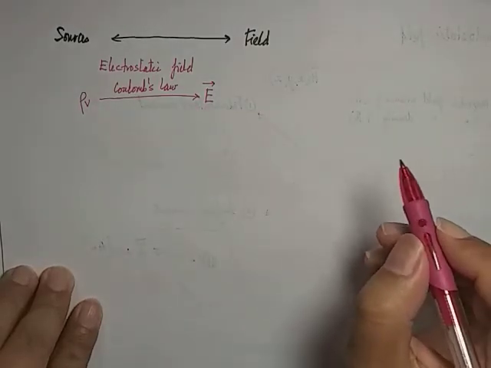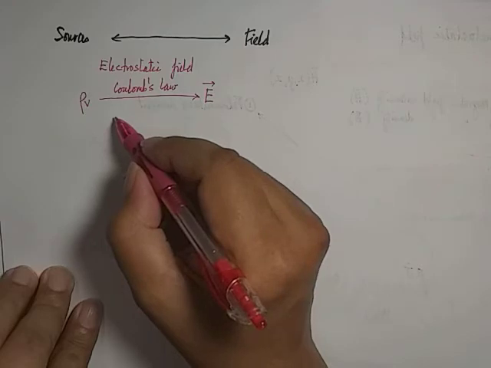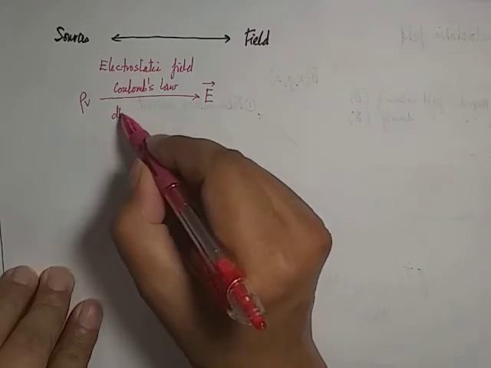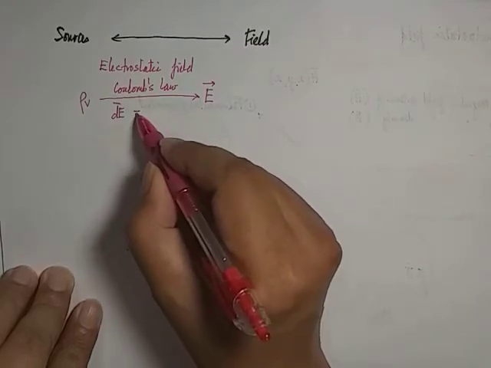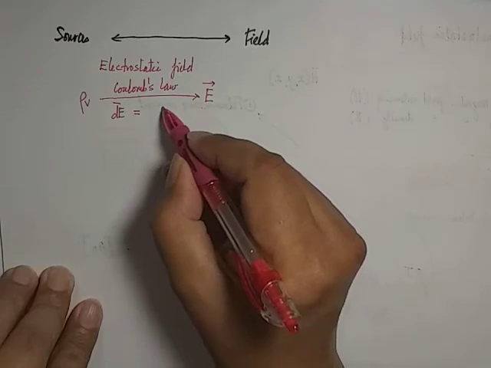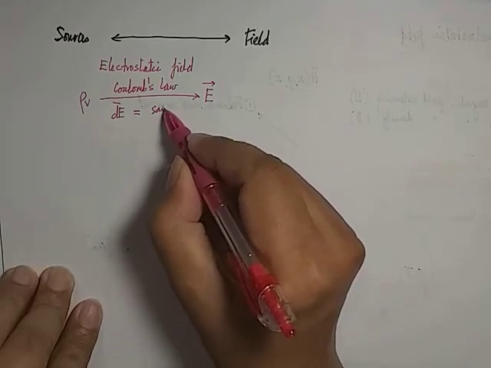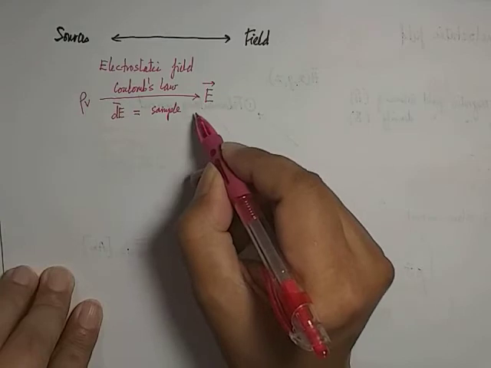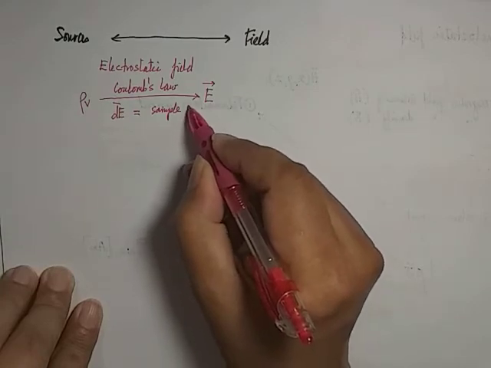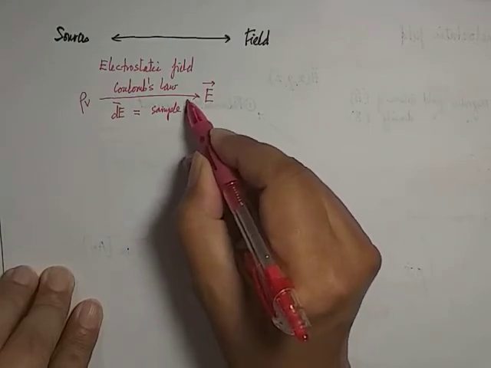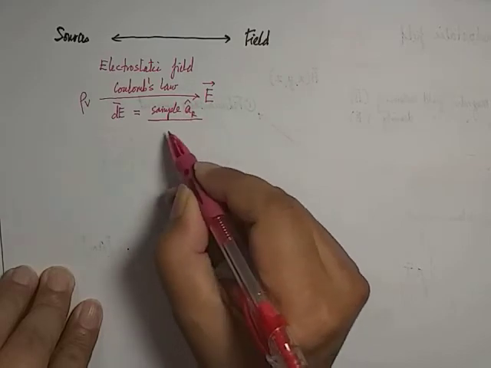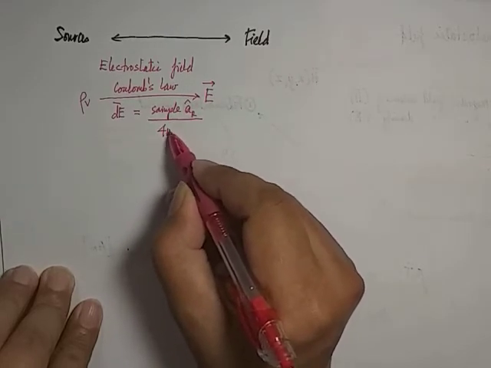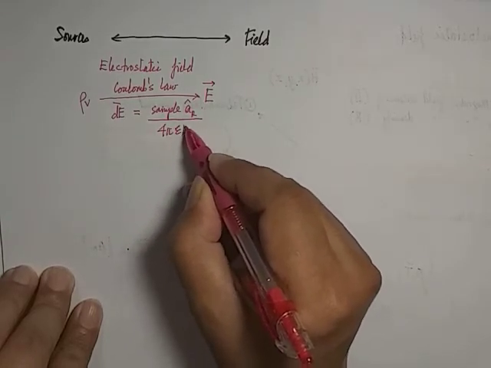Coulomb's law states, based on our discussion, dE vector is equal to the sample, which I'm going to put now, multiplied with the unit vector, and everything divided by 4 pi epsilon r squared.